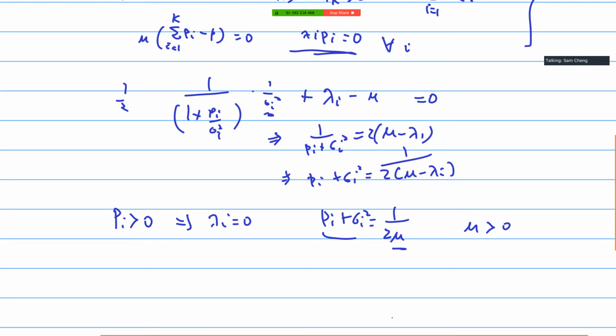And then if we look at the sum over pi, i from 1 to k, this one is equal to p.